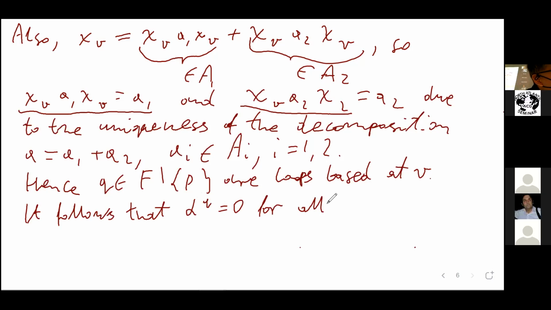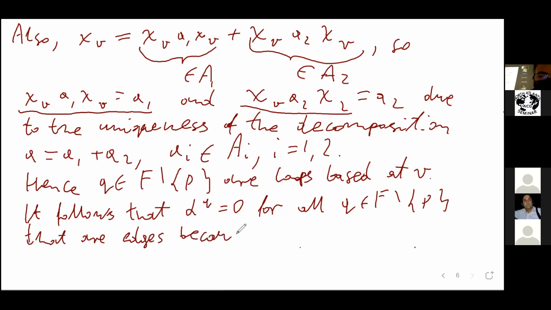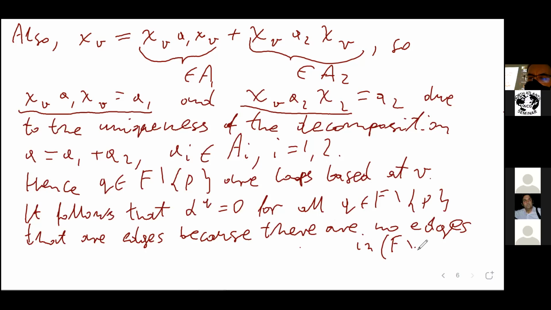I simply forgot some arguments. Okay, so alpha is 0 for all Q in the set F plus P that are edges, because there are no edges in this set squared.